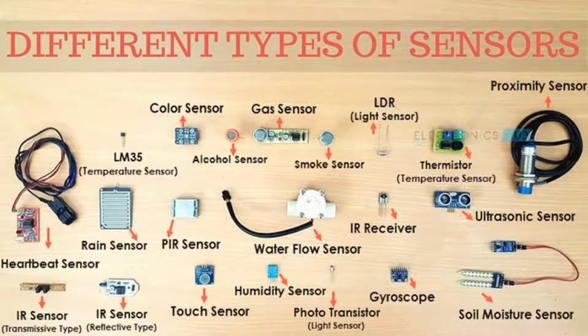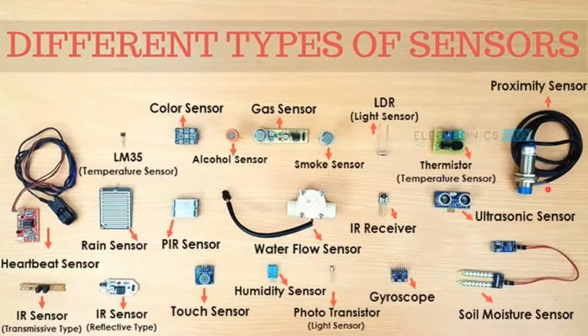All these sensors are adaptable or used for designing of embedded system, either for monitoring purposes or monitoring and controlling purposes. So you can have a heartbeat sensor connected to an embedded controller, IR sensor, reflective type, transmissive type, LM35, which is nothing but temperature sensor, color sensor, alcohol sensor, smoke sensor, gas sensor, a thermistor, LDR.